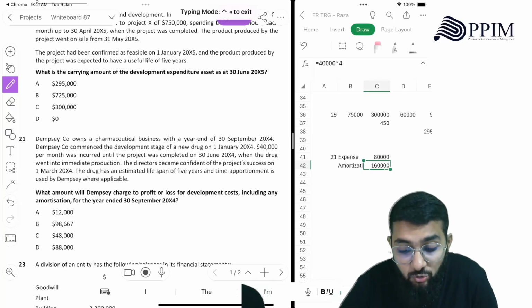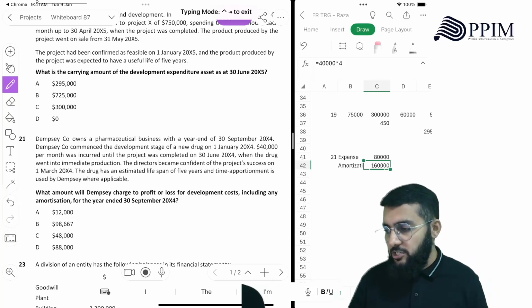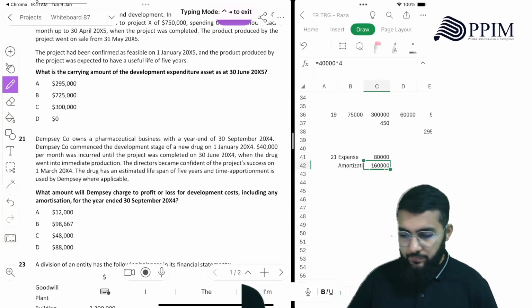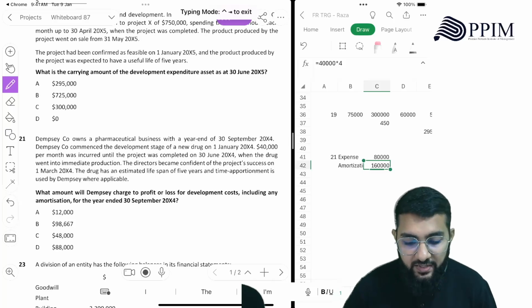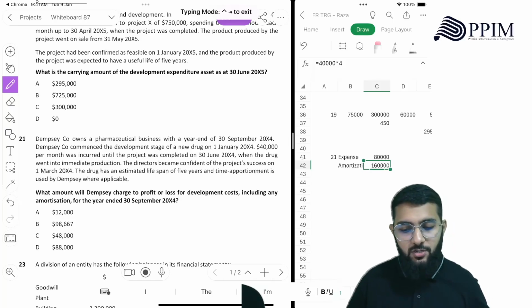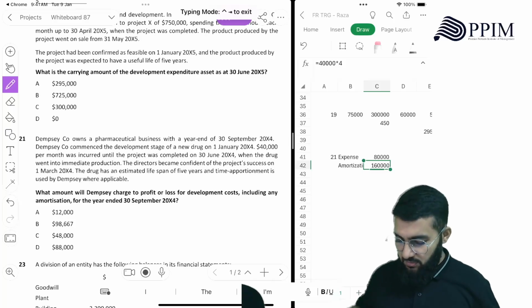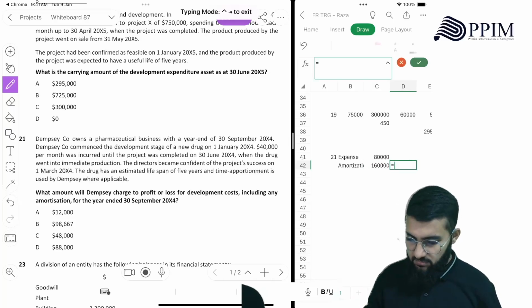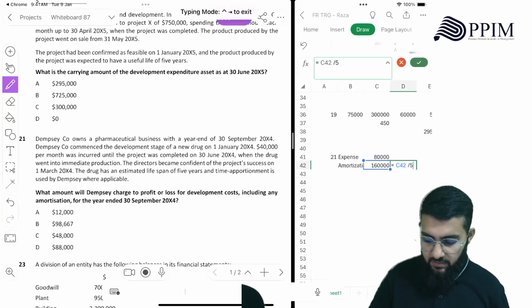But when do you start the amortization? How many months? So when did the drug go on sale? Complete on 30th June when the drug went into immediate production, meaning 1st July onwards. So July, August, September, 3 months is what we take. So how many years? 5 years.